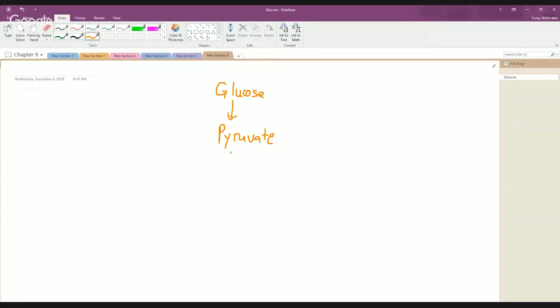His disorder was the pyruvate was unable to be converted into acetyl-CoA. And if you remember, acetyl-CoA is a bridge that links glycolysis to the citric acid cycle. So if you're talking about glucose, you have to go in this linear pathway.